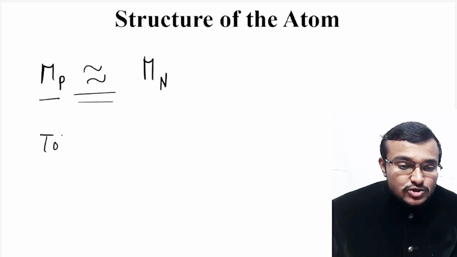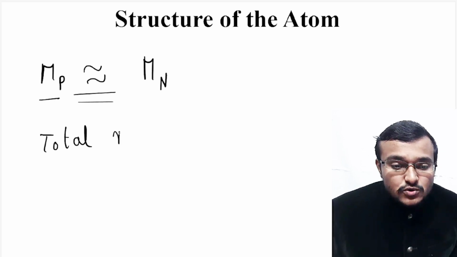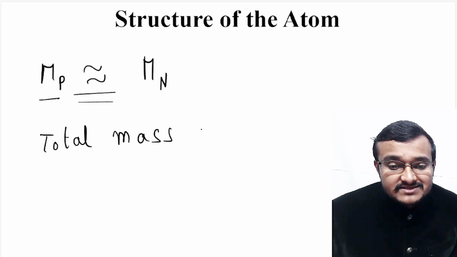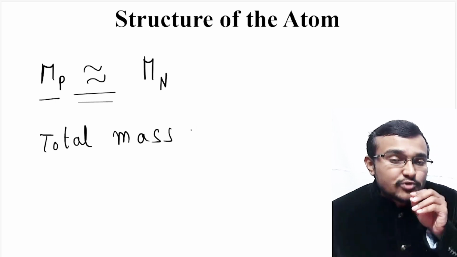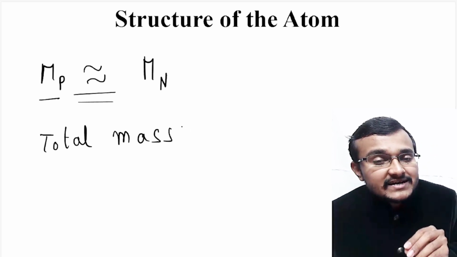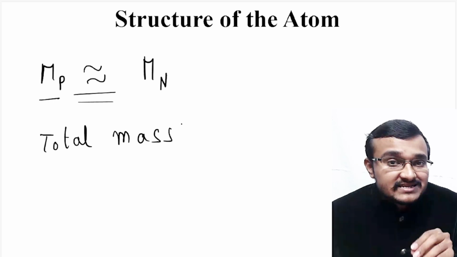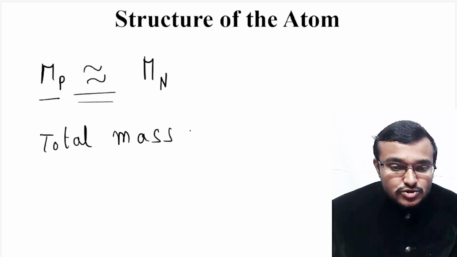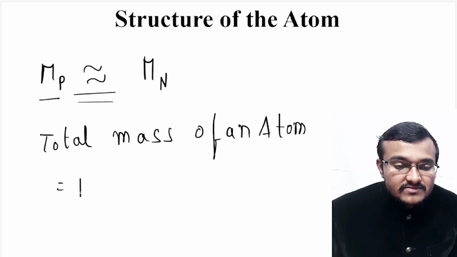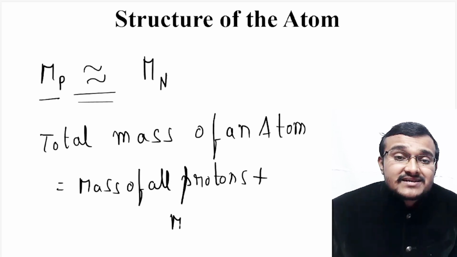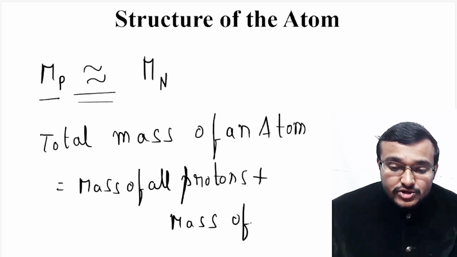So the total mass of an atom is the sum of the mass of the protons present in that atom and the mass of the neutrons present in that atom. So total mass of an atom is equal to the mass of all protons plus the mass of all neutrons.